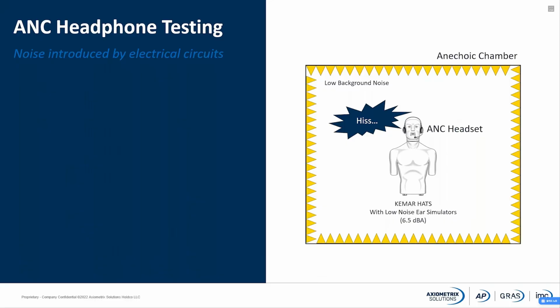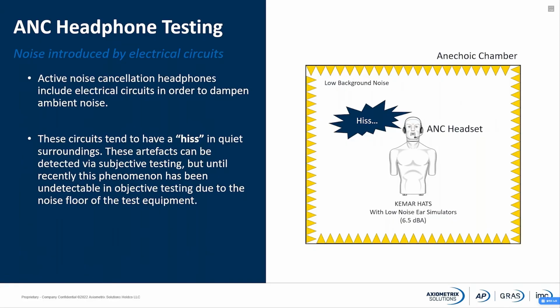This hiss noise can typically be heard by the person wearing the headset, but with the traditional test equipment we use for testing headphones, we can't really measure this noise because it's usually below the noise floor of this traditional equipment.